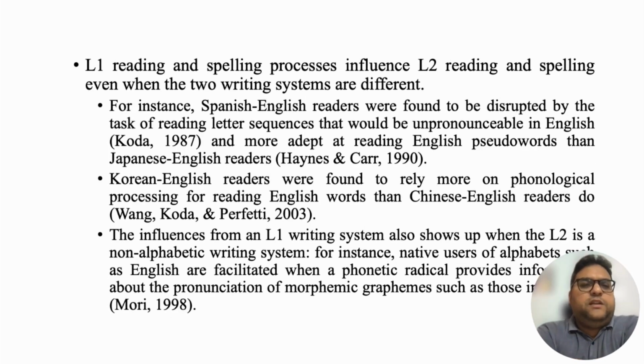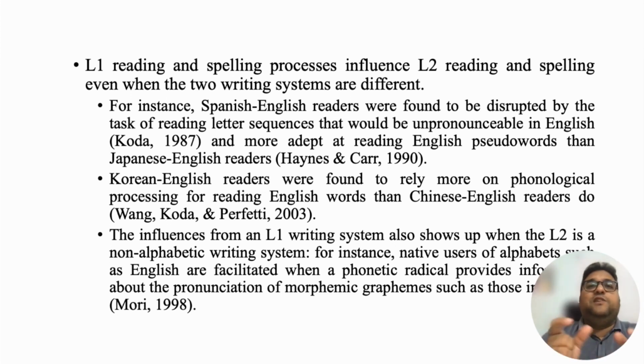Now, L1 reading and spelling processes are also found to influence L2 reading and spelling processes, even if these two things are different. We've been talking about similarities and transfer effects in detail so far. Let's look at how differences affect. For example, Spanish English readers were found to be disrupted by the task of reading letter sequences that would be unpronounceable in English, and they were found more adept at reading English pseudo-words than Japanese English readers.